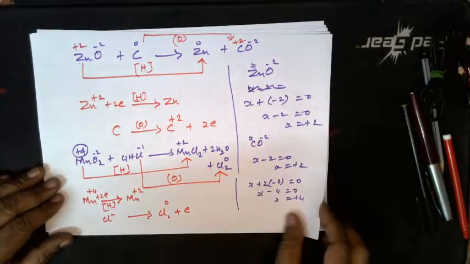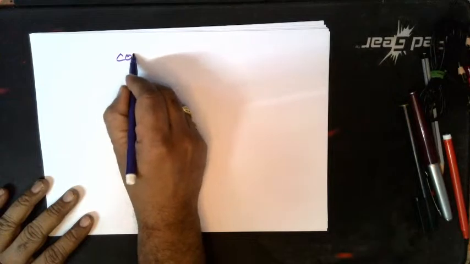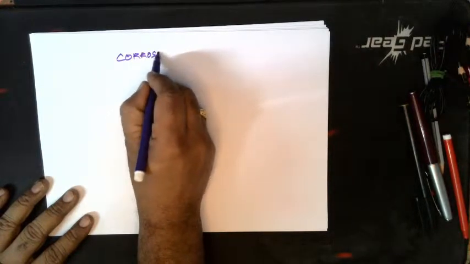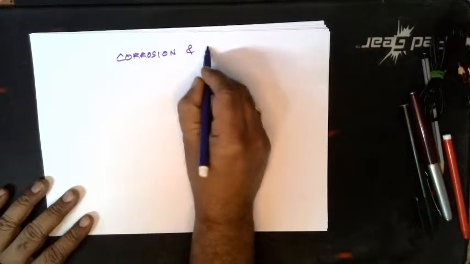Now let us proceed with the next concept, a very important concept called rusting, that is corrosion. Corrosion and rancidity.